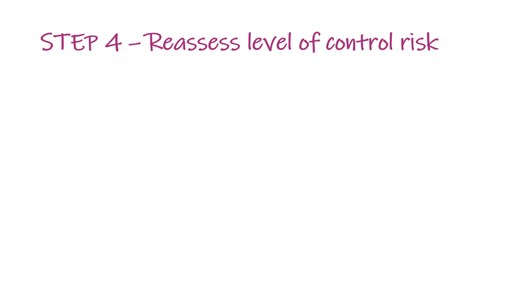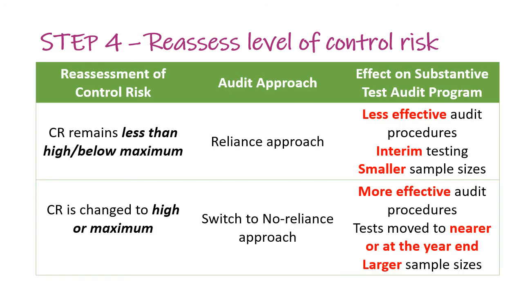Now that you have performed the reassessment, so what should the auditor do in response to those reassessed control risk? So now, if your initial assessment or preliminary assessment is low, and now after the reassessment, you still think that the control risk is still low or less than high or below maximum, then again, your approach would be reliance.